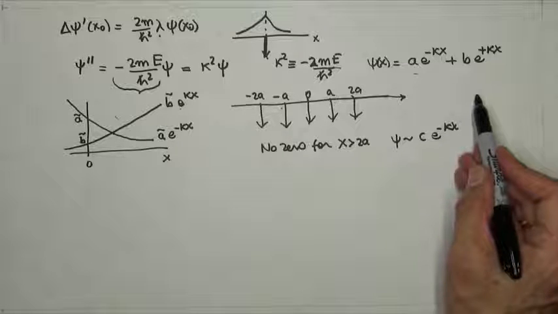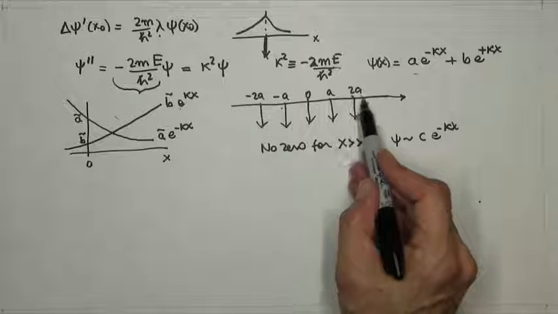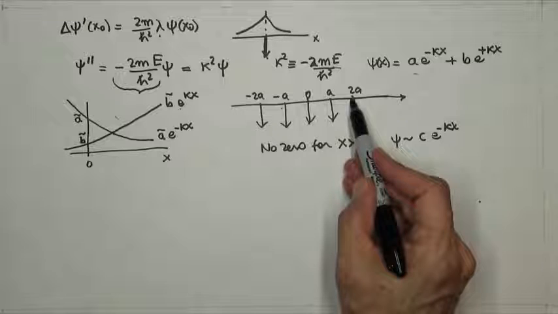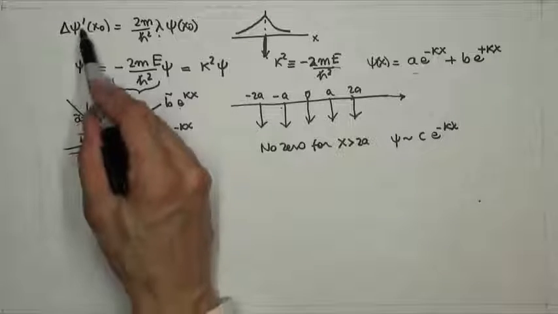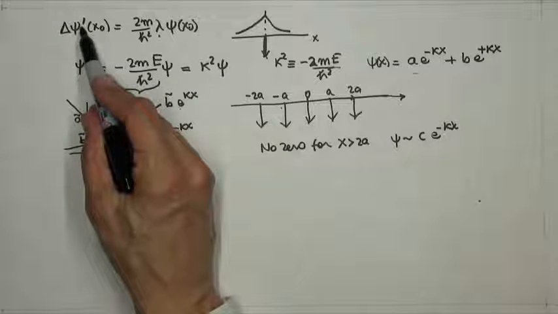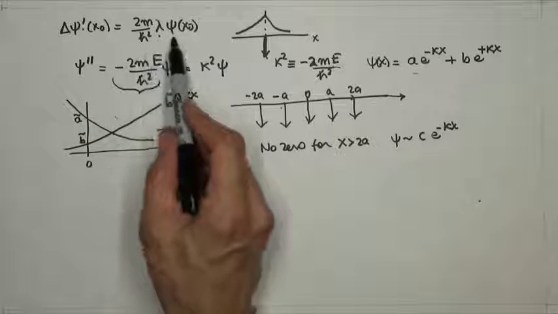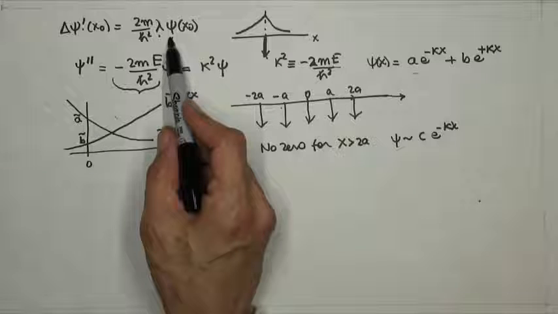Now, another possibility is that the constant c is 0, the wave function is 0 everywhere here, but that's actually quite catastrophic. If the wave function is 0 all over here, it would be continuous around this point, and moreover, since it's 0, the first derivative is going to be 0 as well. The discontinuity is going to be 0 because the wave function vanishes at that point.